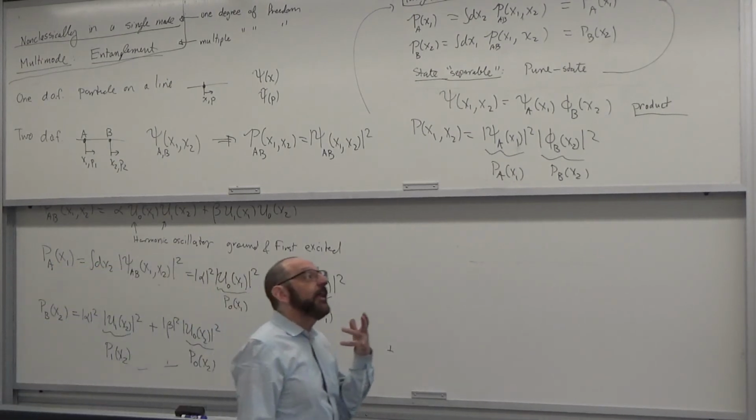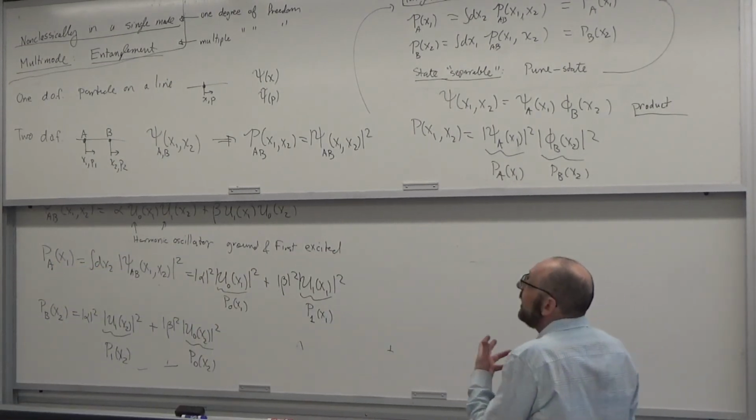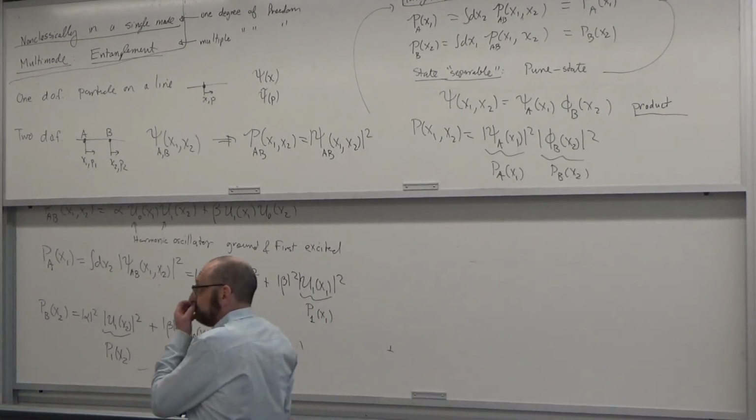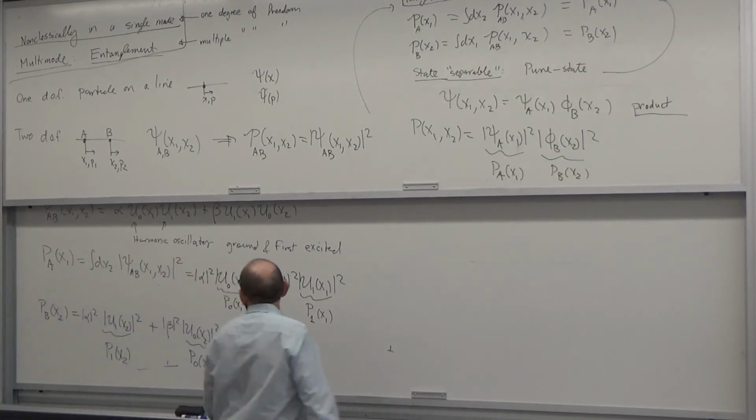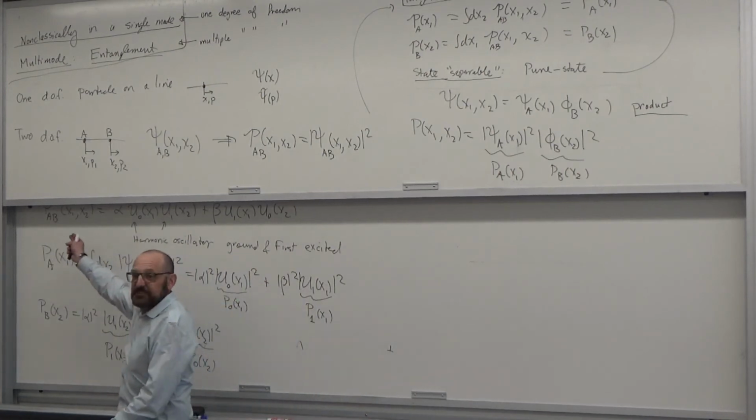Can I assign a wave function to particle 1 and a wave function to particle 2 such that the joint wave function is this?